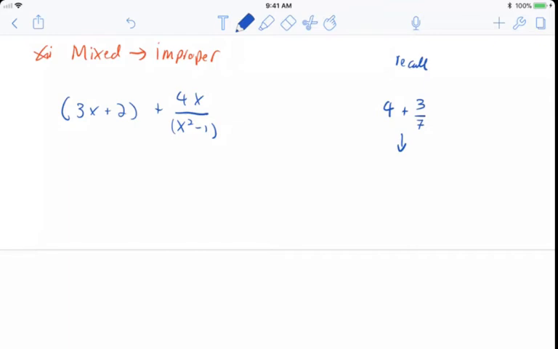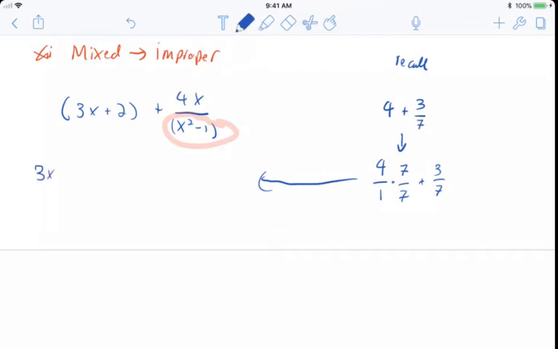I had to recognize the first term as its own fraction and multiply it top and bottom by the denominator on the second one. So just the same, I need to multiply this one. I have to imagine that it is its own rational expression and multiply it top and bottom by the denominator of this one.